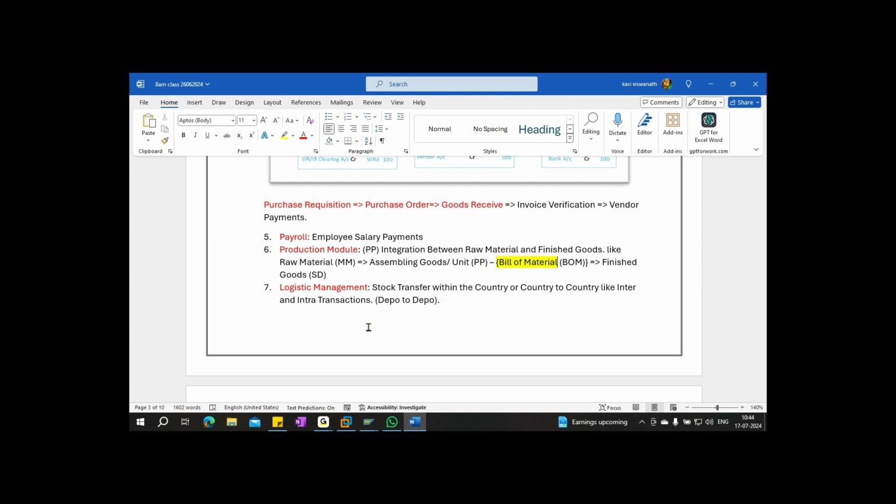Now, the heading: logistic management. Stock transfer, within the country or country to country, like inter and intra transactions.